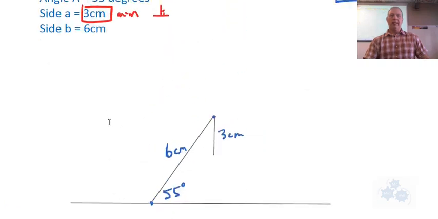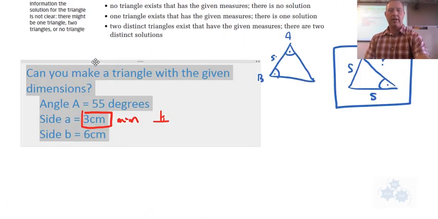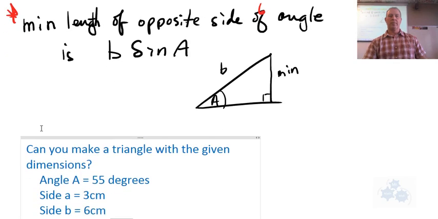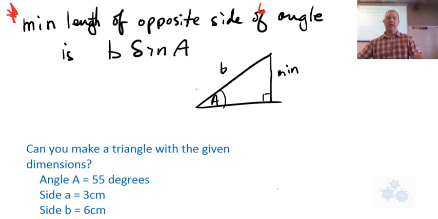So if I go back to this right here, I'm going to copy this, I'm going to bring this down. Now we're going to evaluate this. We're going to use this information, and I'm going to say, okay, so my A is 55, right? The A is 55 here. The opposite side is 3. I want to check this to see if this is long enough to make a triangle.